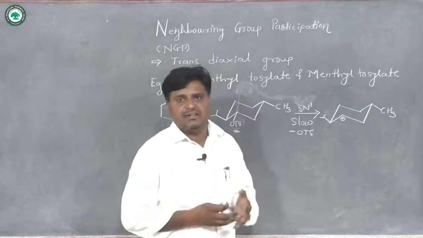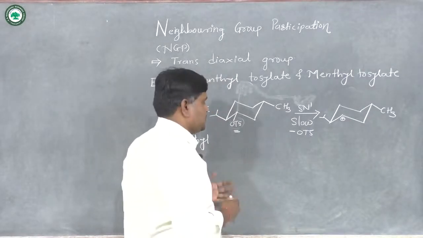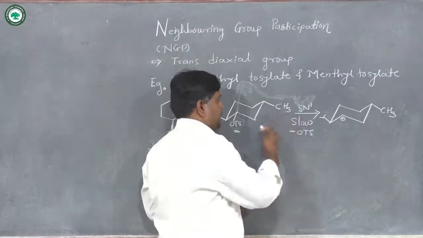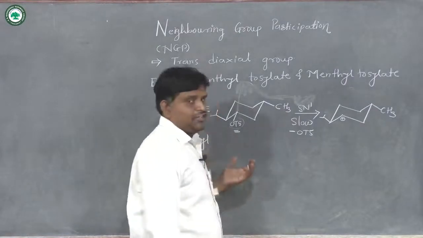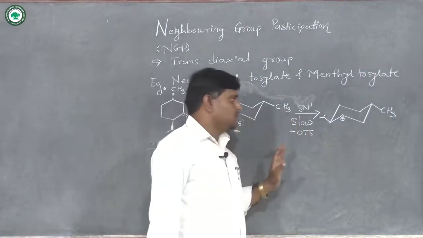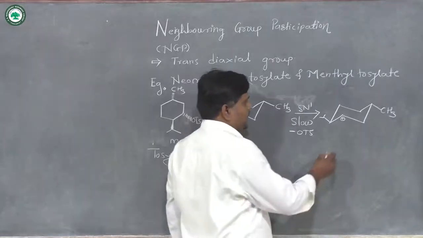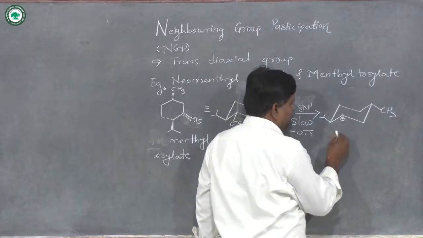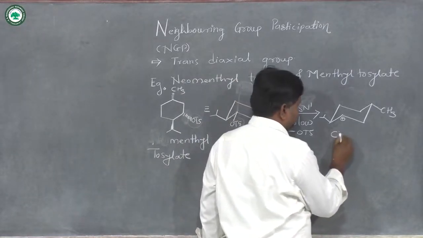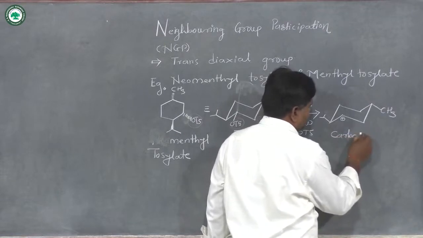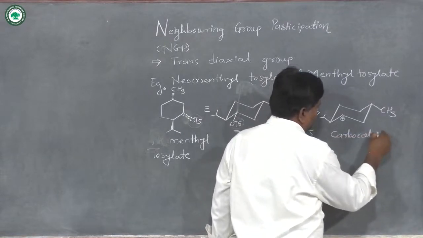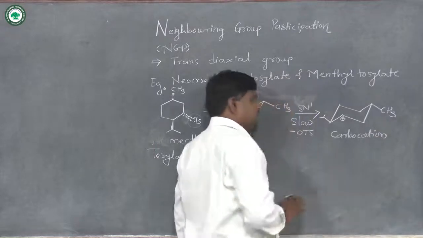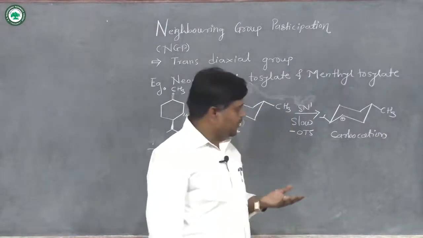Because this is one of the bulkier substituents, and it leaves after some heating or by taking some drastic conditions. That step is very slow, as we said earlier. Okay, and here carbocation formation occurs, a carbocation which is somewhat unstable. Why? Because this is a secondary carbocation.